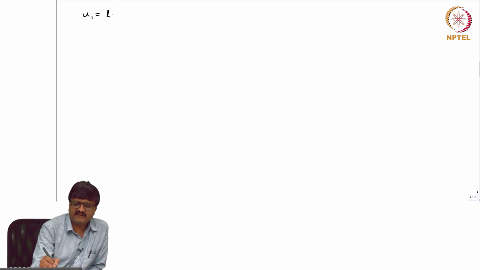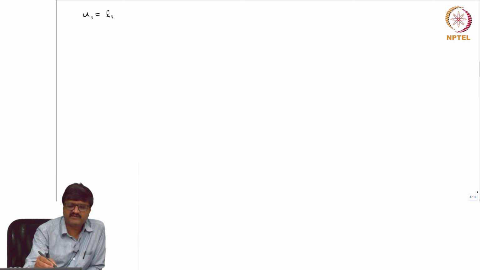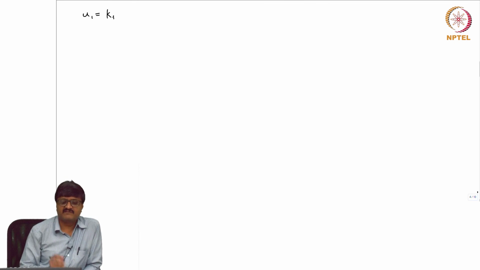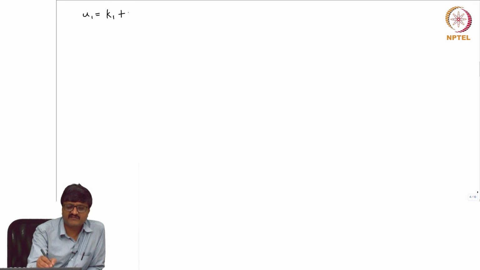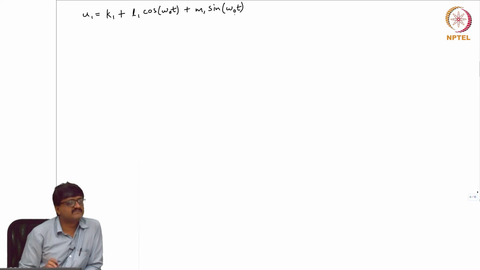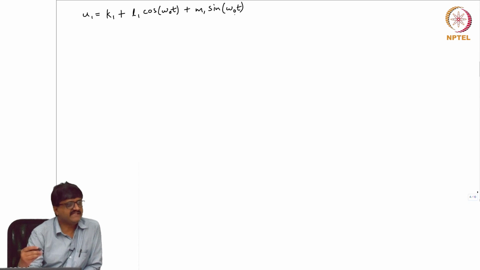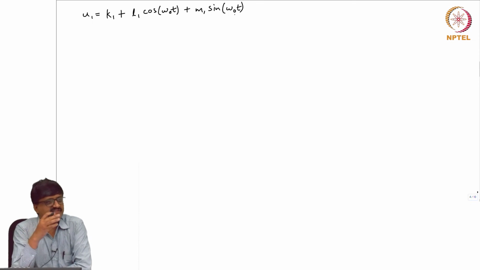where the first column vector is say K1, which has the same size as u1. Then L1 cos omega ot plus M1 sin omega ot. In general, many times you come across these expressions in terms of EA, EB, EC.